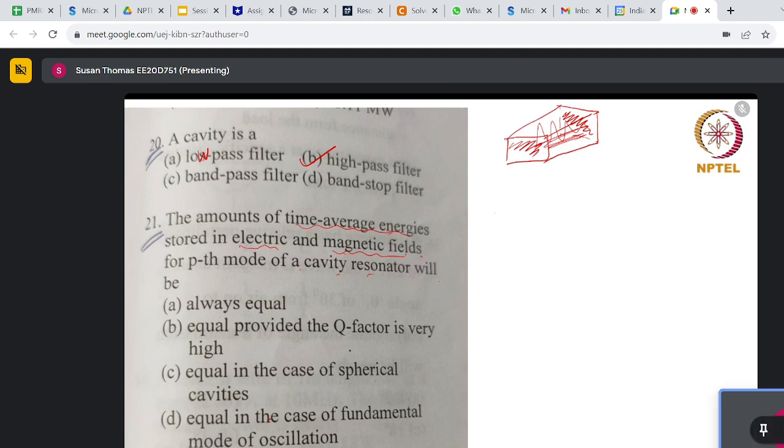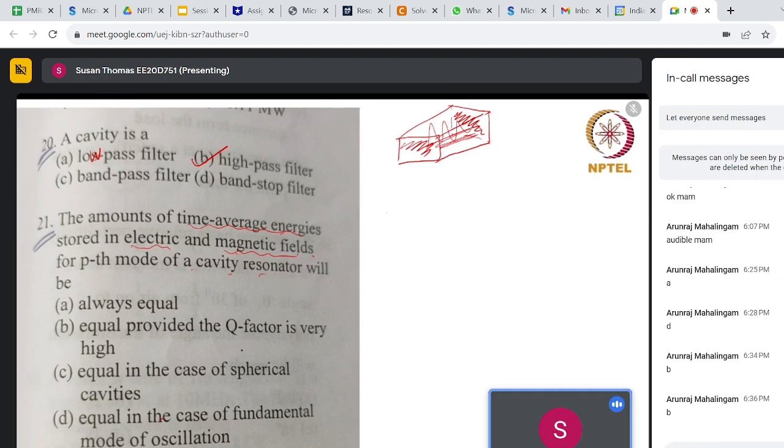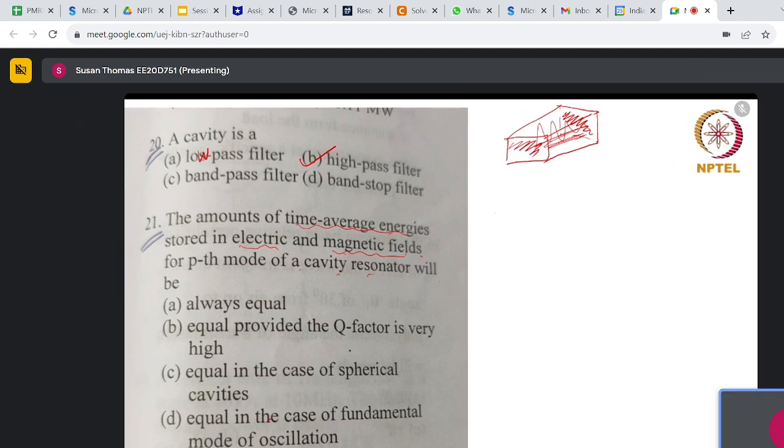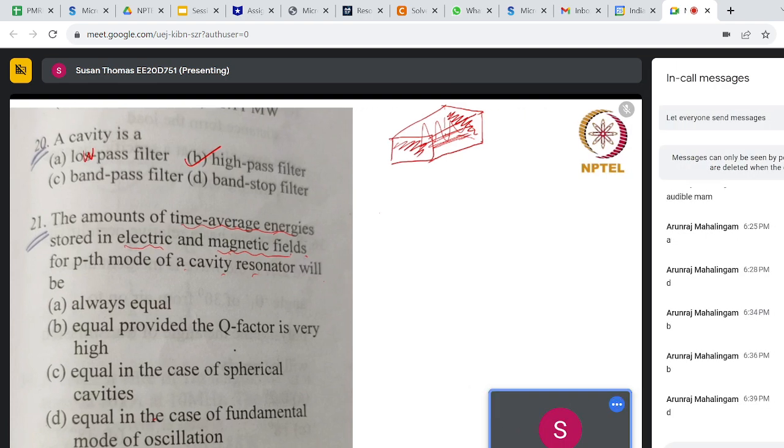Please type in chat what you think, A, B, C or D. I think you can type in any options.